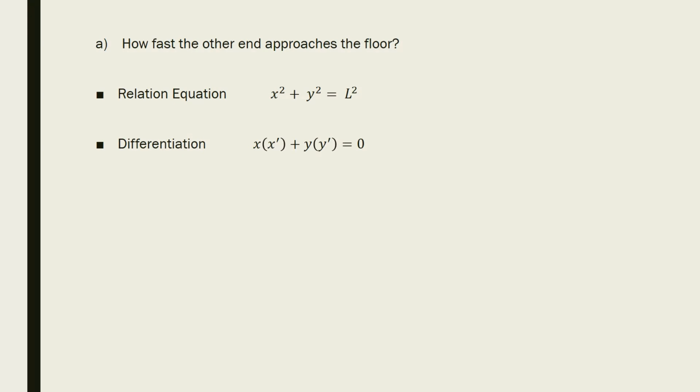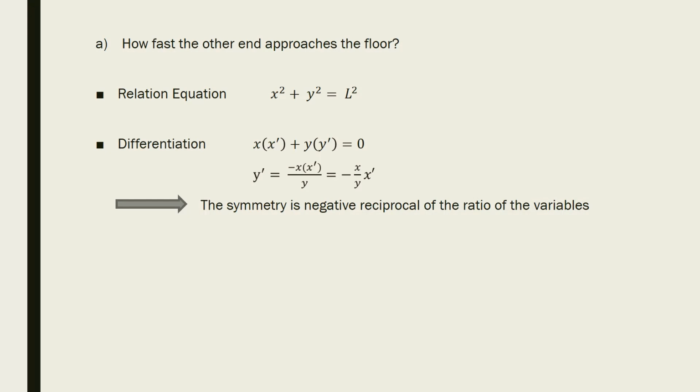Since L is a fixed number with no rate of change, it drops out. Next, solving for y prime in terms of x and x prime, we get y prime equals negative x over y times x prime. The negative sign shows that the other end gets closer to the floor.